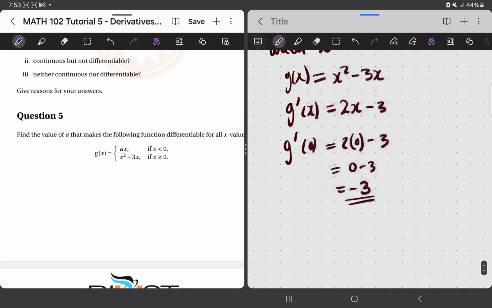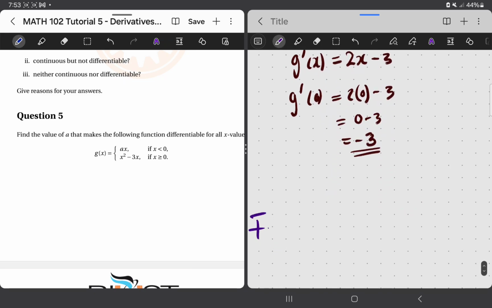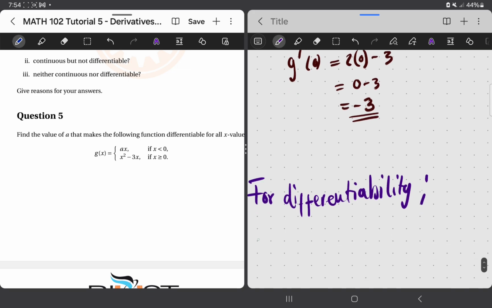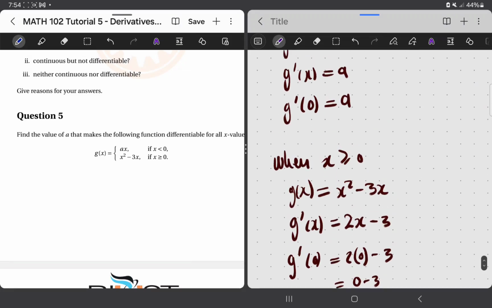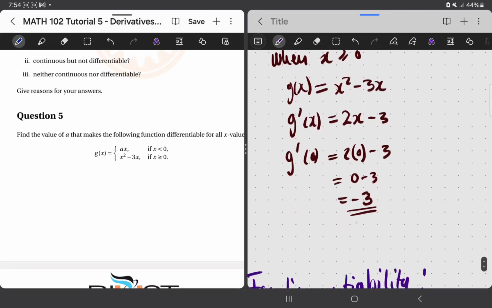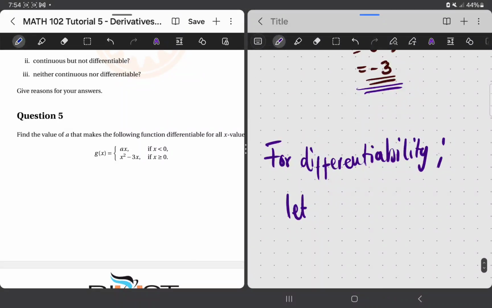So now we can say for differentiability, since we already can find the solution, let the derivative when x is less than 0 be equal to the derivative when x is greater than or equal to 0. Okay, so you can say a is equal to negative 3.